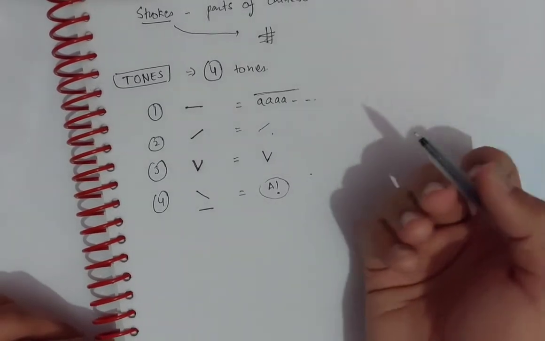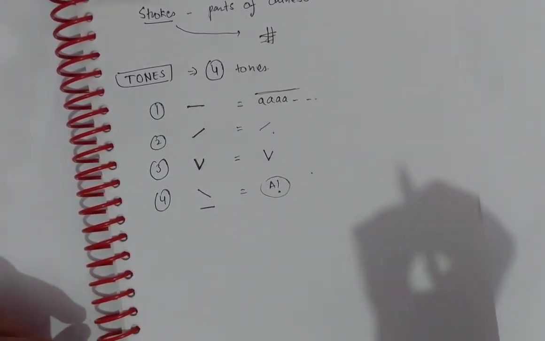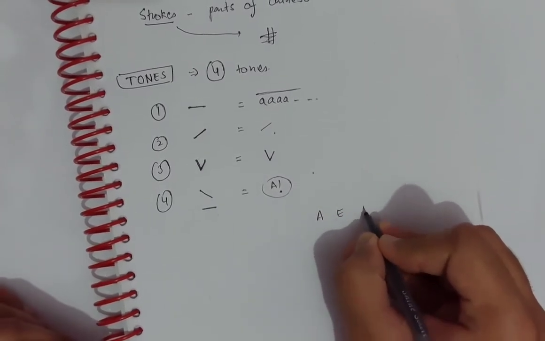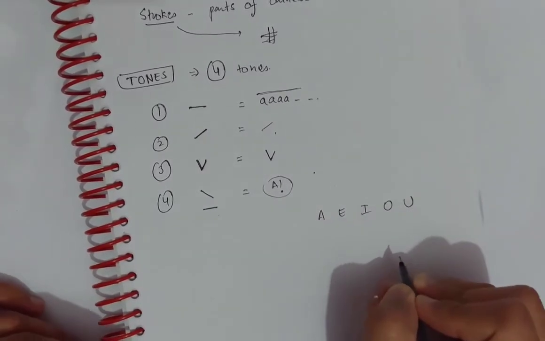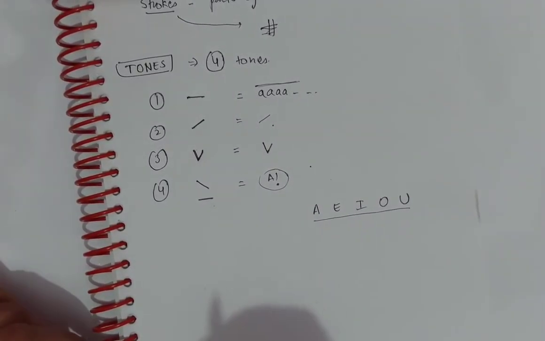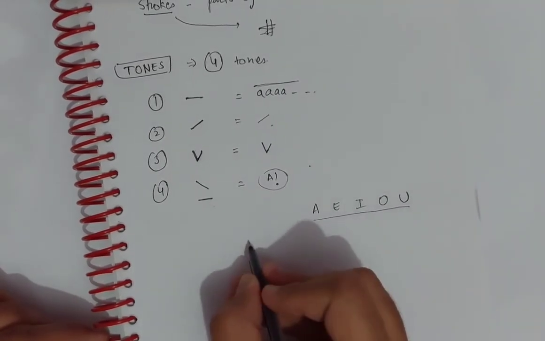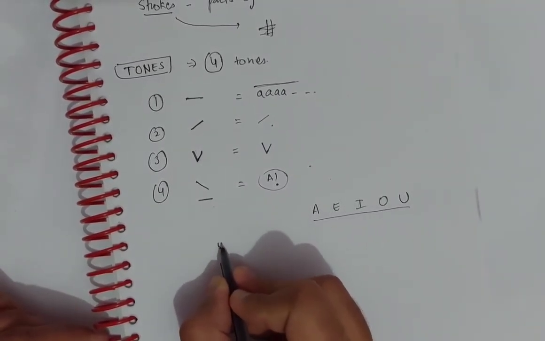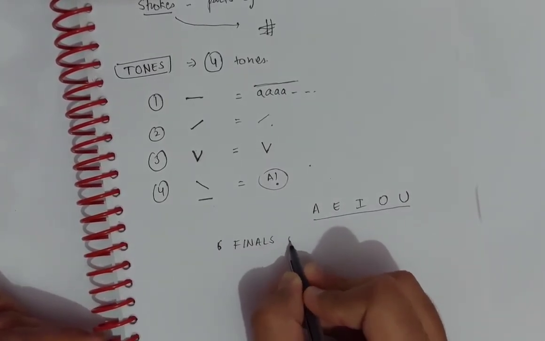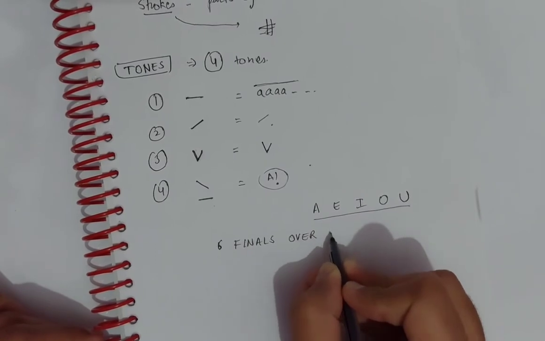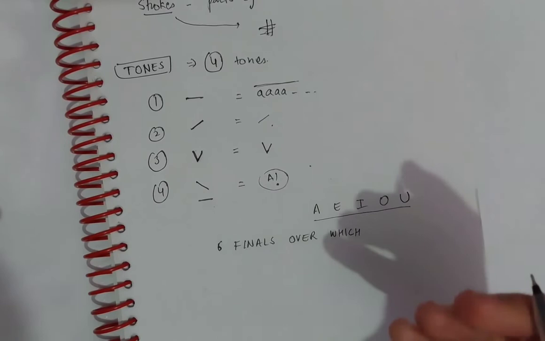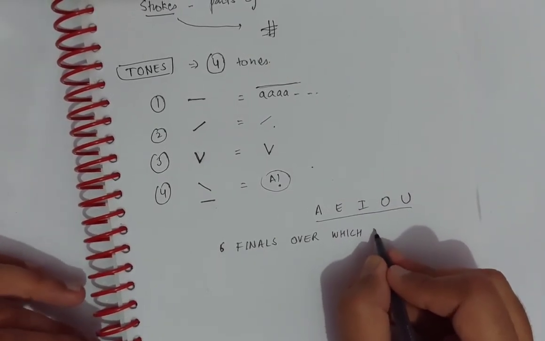Like we have vowels in English, there are 5 vowels: A, E, I, O, U. But in Chinese there are 6 finals over which these 4 tones are placed when we pronounce any word in Chinese.